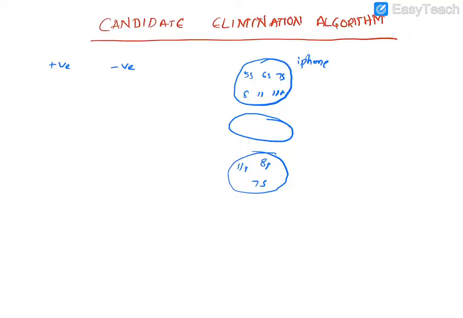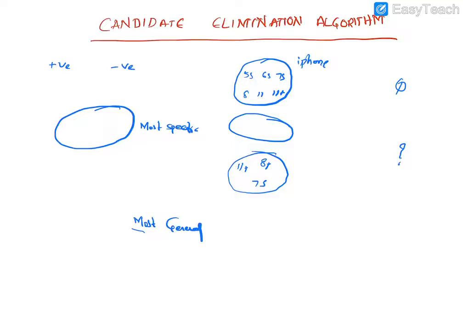Here the version space can be bounded by the most specific and the most general. How do we represent the most specific? The pi symbol is used for specific and the question mark symbol is used for general.